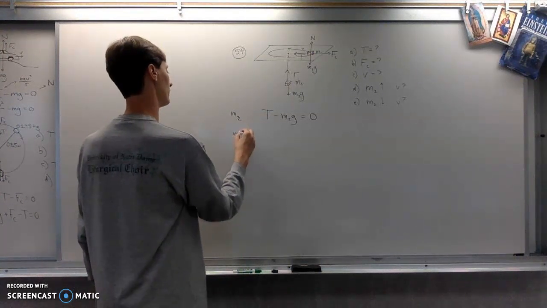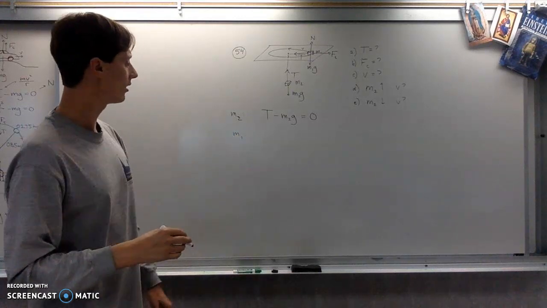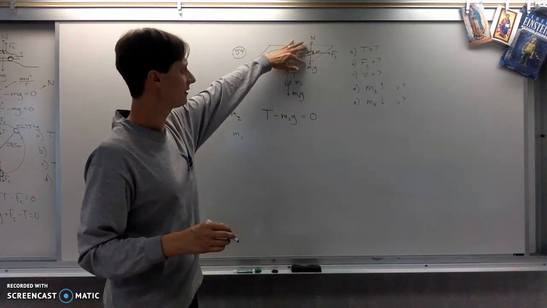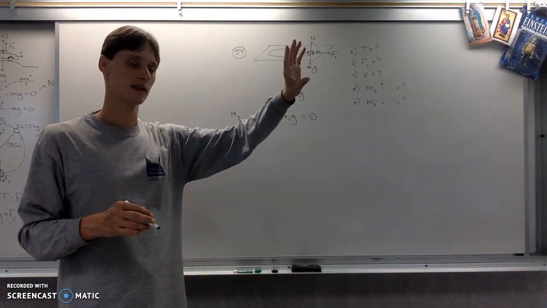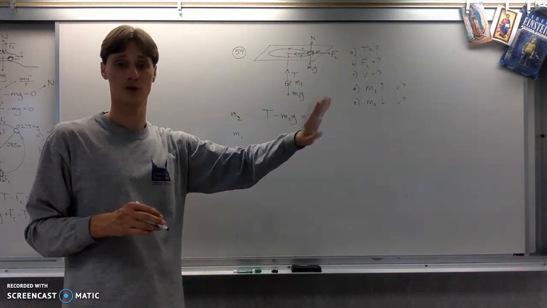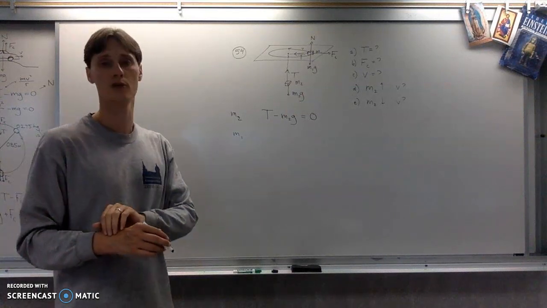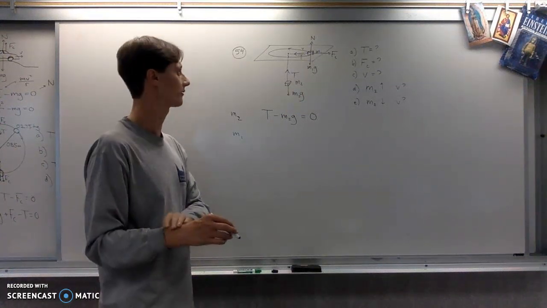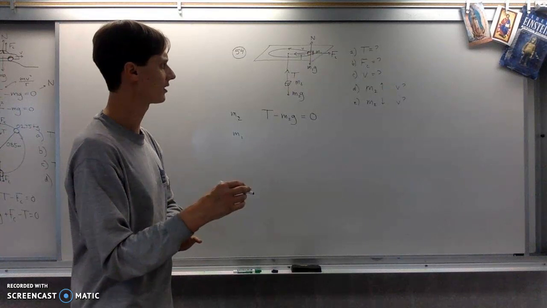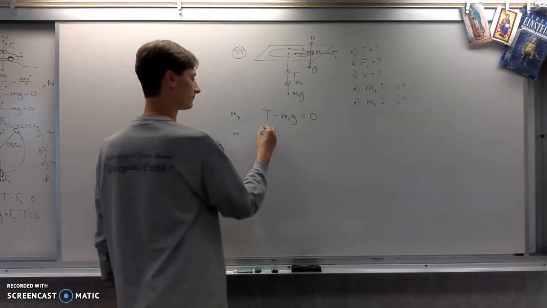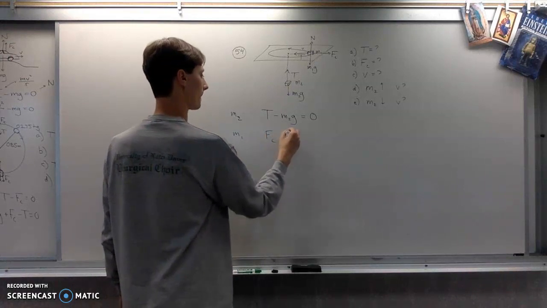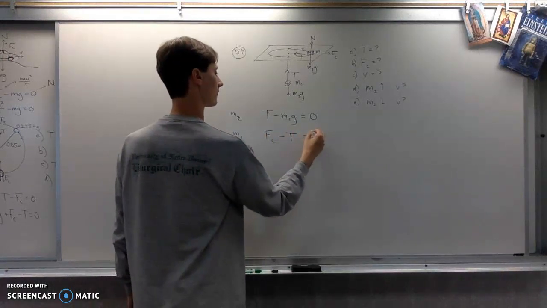M1. All right, for M1, we could write in stuff about like N and m1g, but we don't care about the normal force because there's no friction. Friction is not part of this question. It's just the tension and the centrifugal force that we end up caring about. Right?